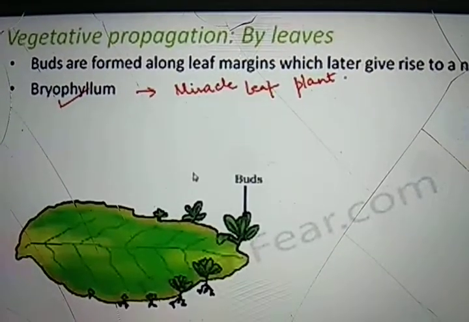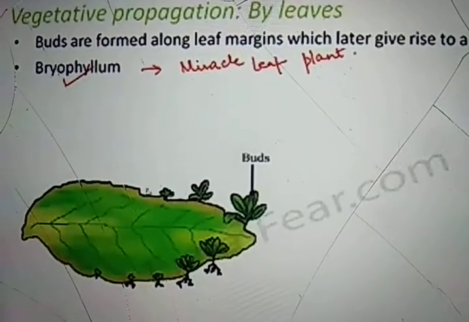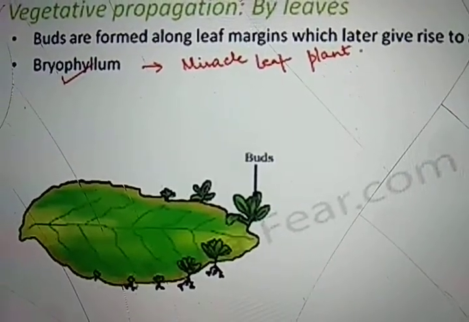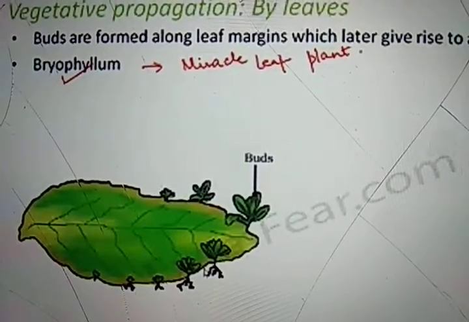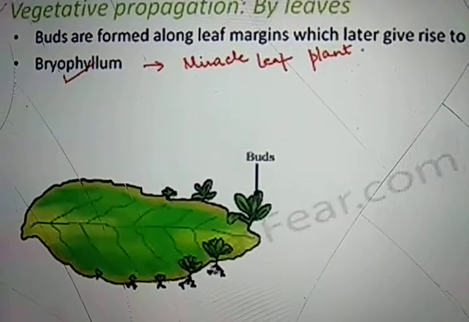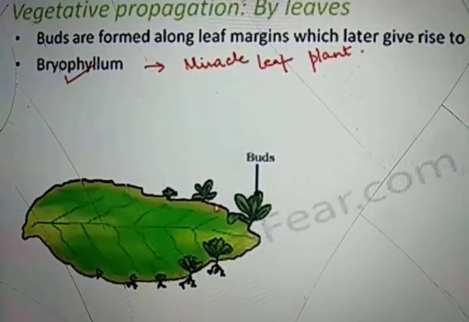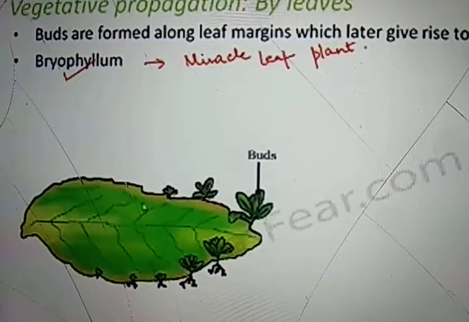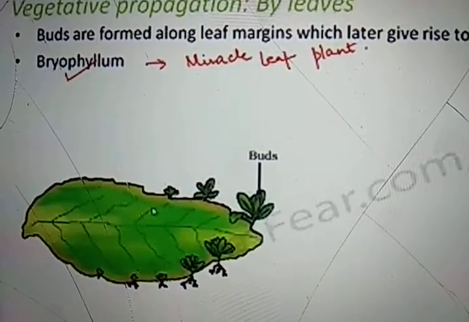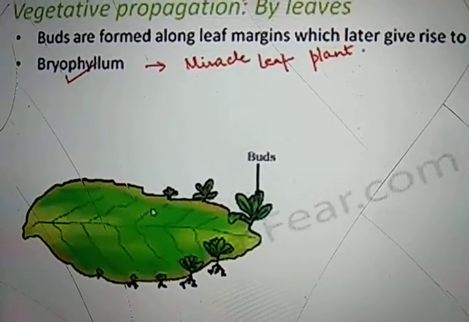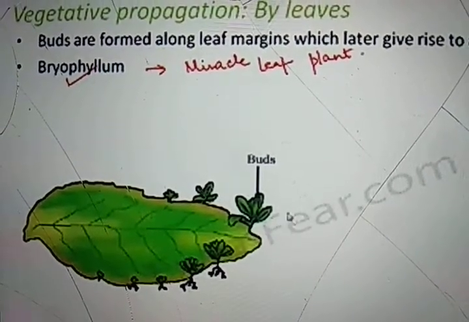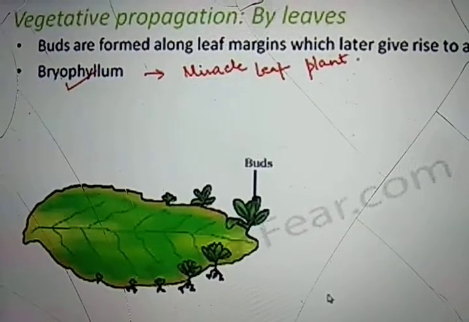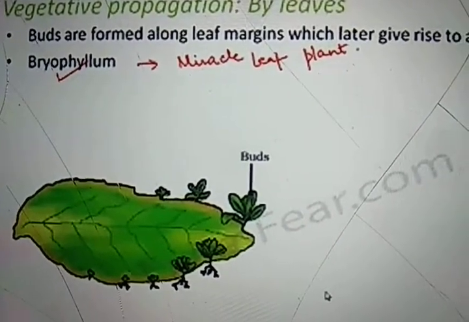So what happens exactly is, as you look at the picture, this is the leaf margin. On the boundary of the leaf, the buds are present. In favorable conditions, the buds give rise to a new plant. So on the leaf, buds are formed, and sometimes by wind or by some external agent, they fall into the soil and give rise to a new separate plant.